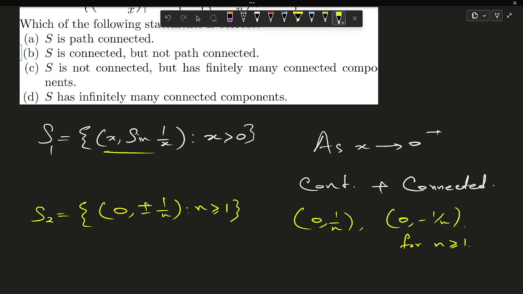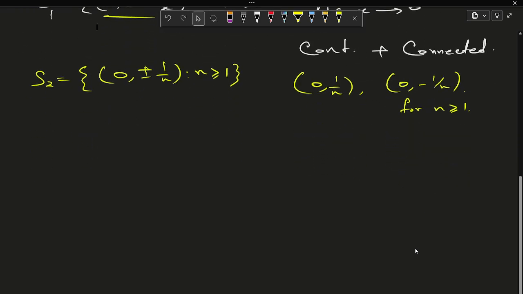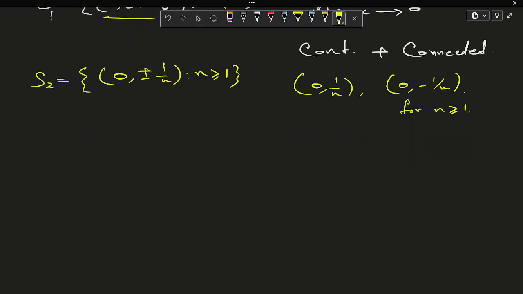Now the connectedness of S. To check it, we determine whether it is possible to construct a continuous path connecting any two points in S. The set of points (x, sine 1 by x) is connected because it is a continuous curve.